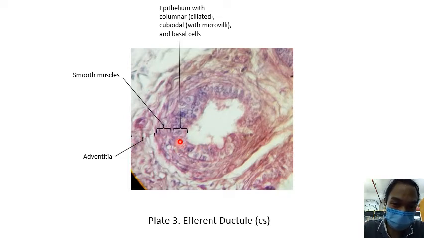And then underneath that will be smooth muscles. Just like the one in the seminiferous tubule, these may also cause slight peristaltic movement in the efferent ductule to move the spermatozoa into the epididymis. And of course, here we have the adventitia.